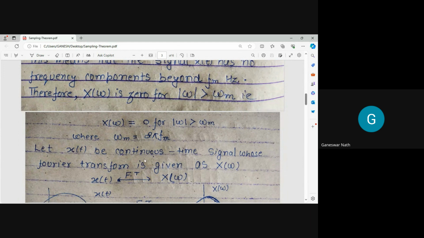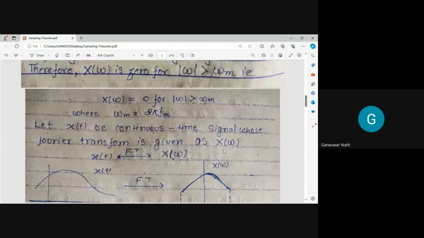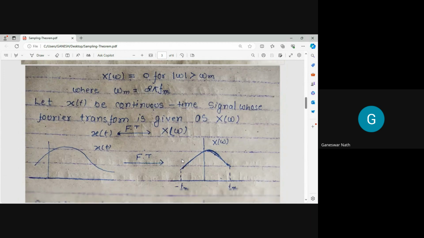Let xt be the continuous time signal whose Fourier transform is given by X omega. You can see xt converts by Fourier transform to X omega, and this is the symbolic representation, the time function and the frequency function.